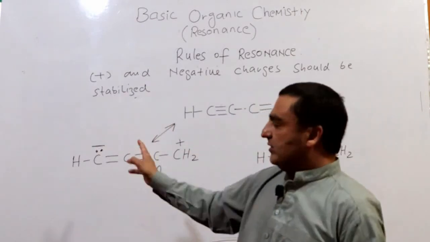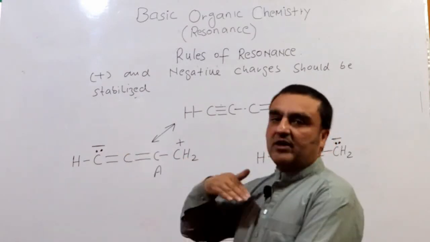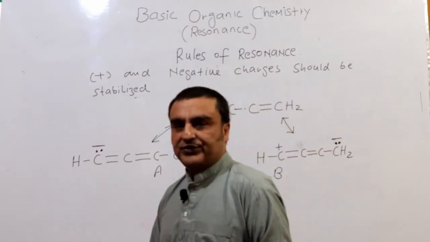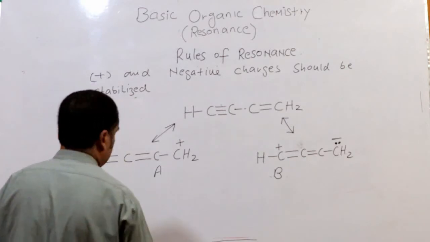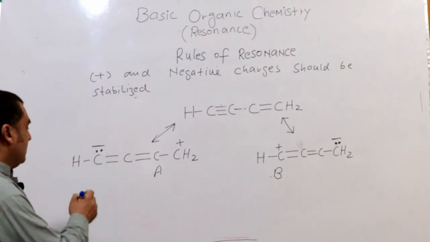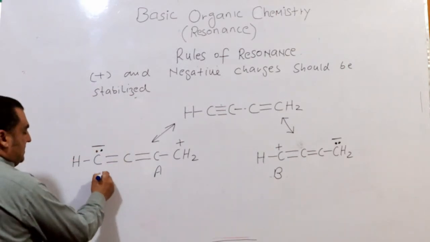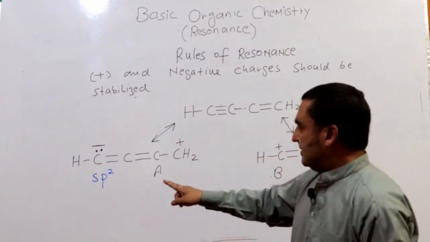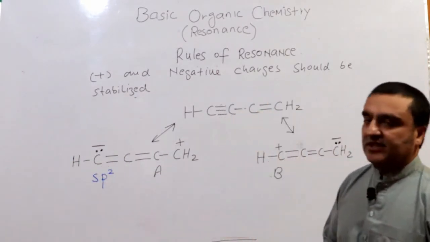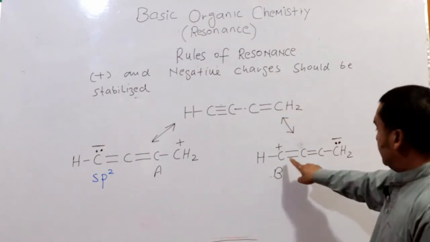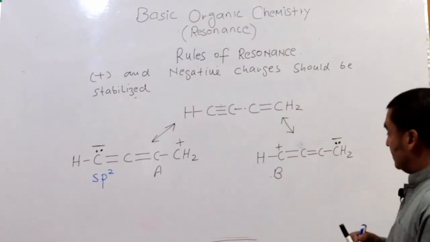There I have explained how one hybridization changes to another when an atom acquires a charge. This carbon is sp2, and this carbon is sp.